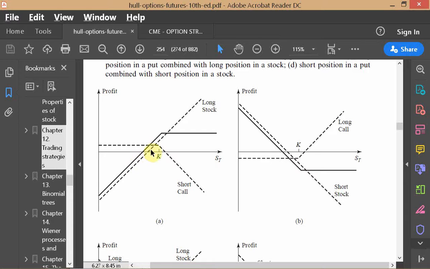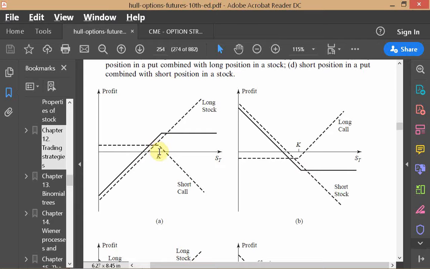Here you want to create a profile where you lose money when the market falls below the strike. So you want to go long the underlying at the strike price. If you go long the underlying, as the market drops below the strike, you lose money on the long underlying. But because you're looking at a short put profile, it should not be a continuously increasing profit on the other side.